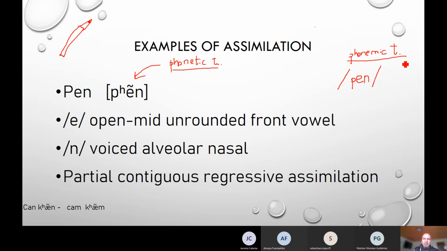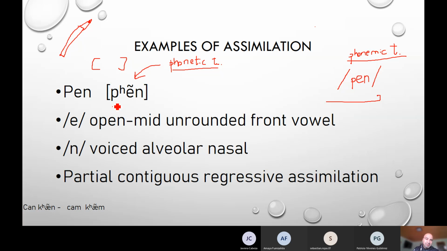So what's the difference? The phonemic transcription is very general. As you can see here, we use slashes, right? And in the phonetic transcription, we use brackets, and it also contains more details. For example, the first sound, p, is in initial position.